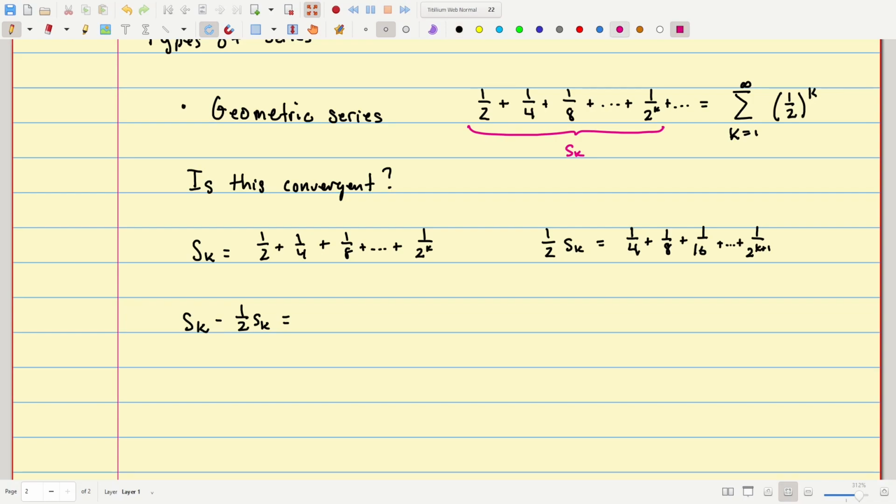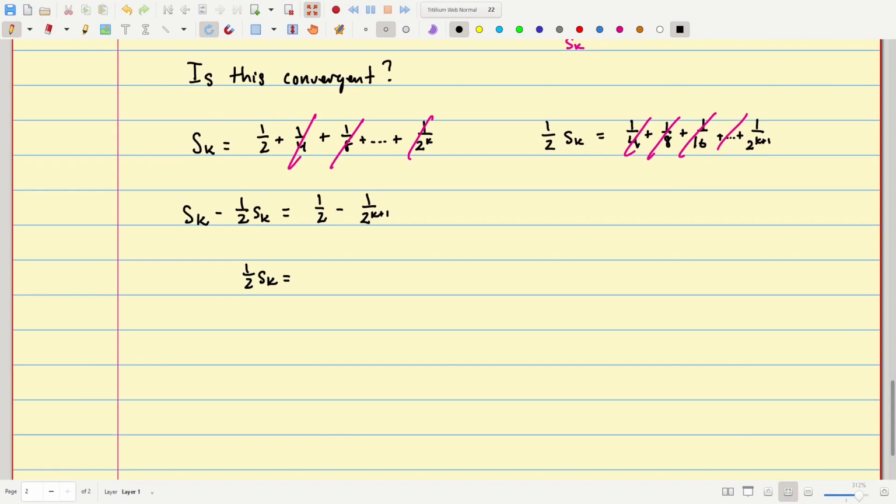If I do that, everything except for that 1/2 and that 1 over 2 to the k plus 1 go away, right? On the left-hand side, this just reduces to 1/2 sk, and this is 1/2 times 1 minus 1 over 2 to the k, if I factor all of that out.